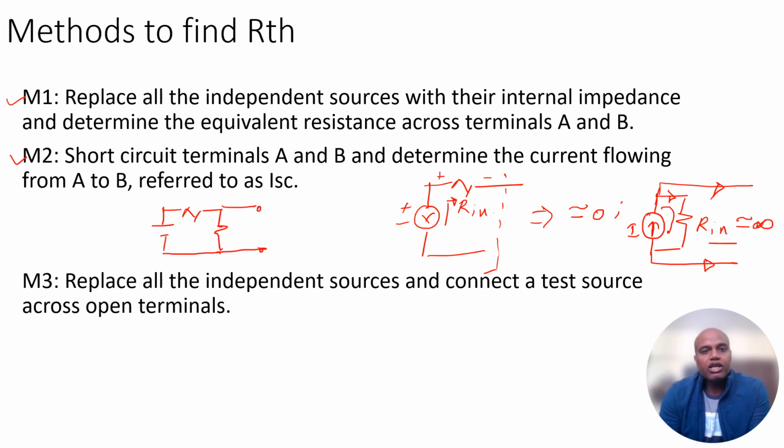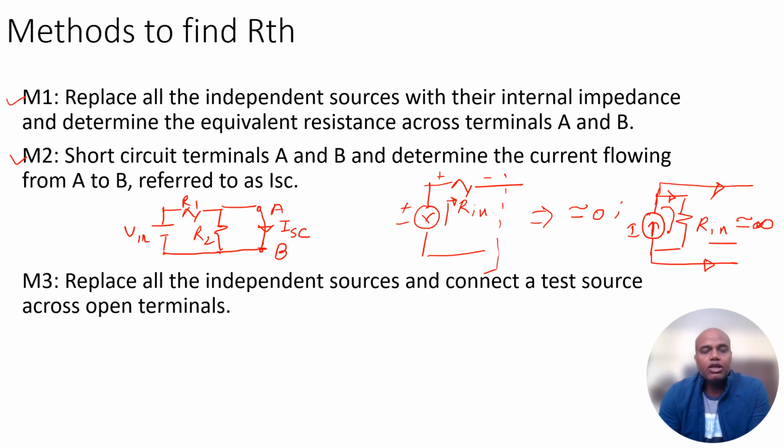Let's say I have taken an example over here, with R1 and R2, and we need to find the Thevenin equivalent circuit across A and B. The second method says that we can short circuit these two terminals, and then find the value of the current going through this short circuit path, named ISC.